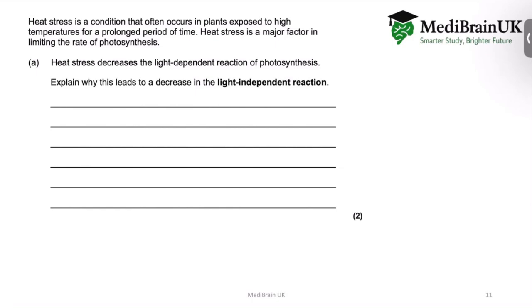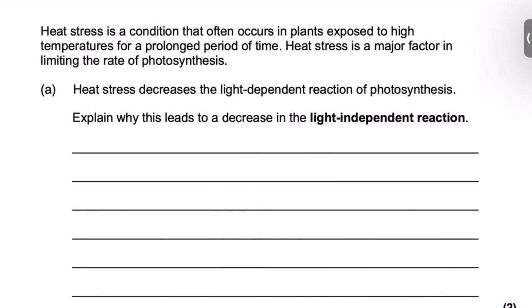So what does it say? It says it limits the rate of photosynthesis and it decreases the light dependent reaction. If it decreases the light dependent reaction, that must mean that the light dependent reaction will form less products. If less products are formed from the light dependent reaction, that means less products will be available for your light independent reaction.